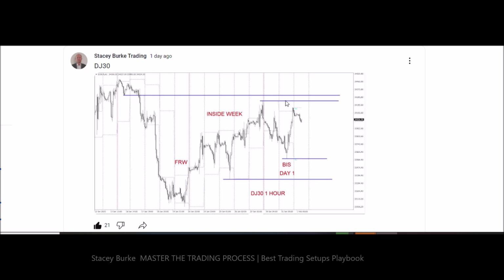We broke the high of the week on day 2. So traders understand we triggered inside week traders up top. We've triggered breakout traders. So if this was to fail and roll over, we have weekly, daily, hourly, 4-hour traders potentially trapped on the breakout of the high of the inside week.